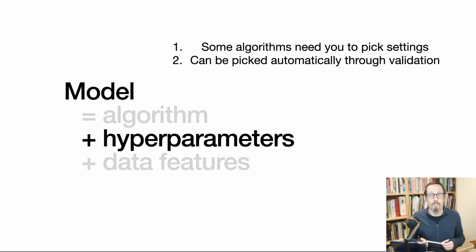Some of those algorithms have settings that we have to choose from a large number or potentially infinite number of choices because parameters are often real values, right? So there's an infinite number of things that you could choose for a given parameter. So how do we pick one of these? Well, we can use that validation process we talked about, right? We can use the validation process to pick among algorithms.